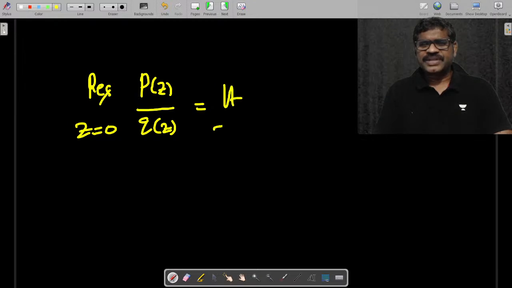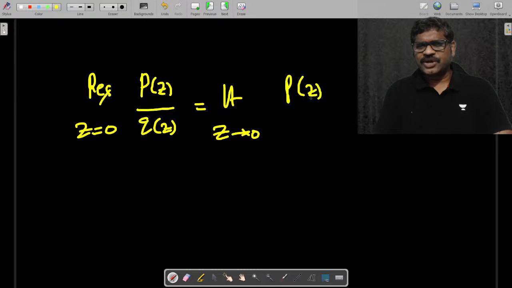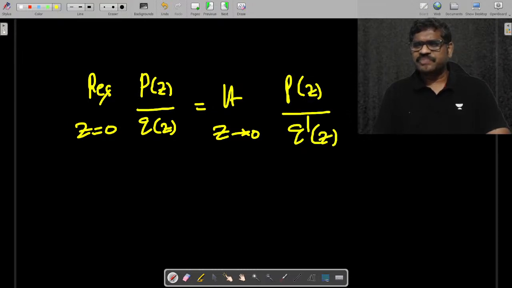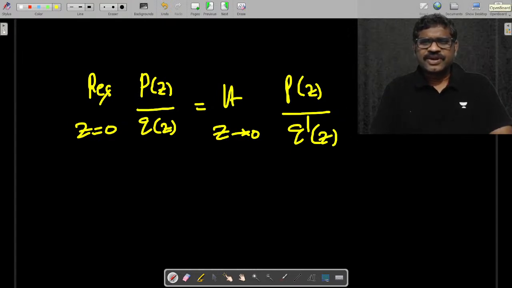P of z by Q of z at z equal to 0 is limit z tends to 0, P of z by q dash z, because numerator is non-zero but denominator is 0.